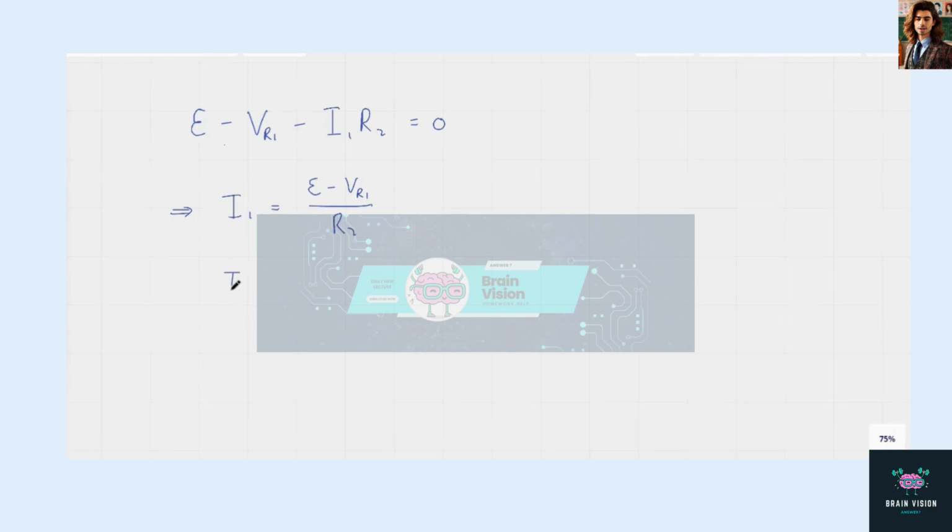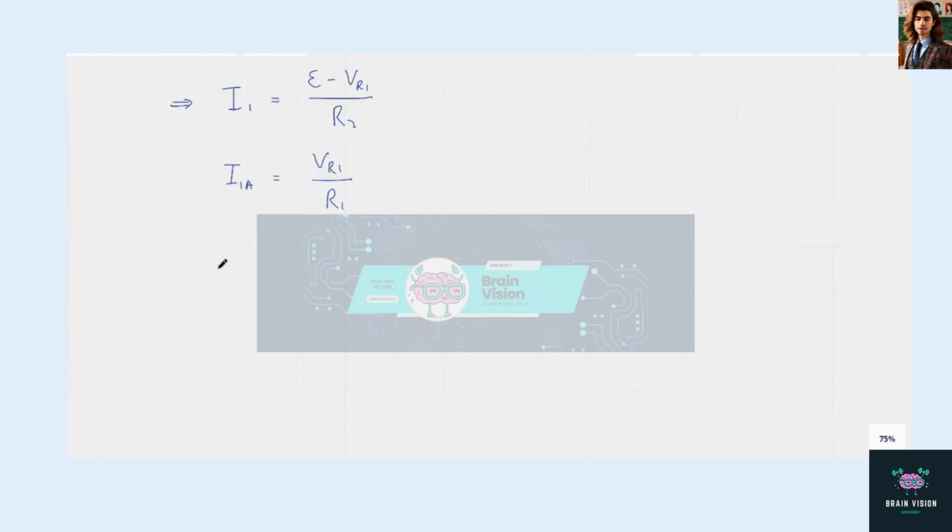Now the current I1A is equal to the voltage measured across R1, VR1, divided by the resistance R1. The current that flows through the voltmeter I1V is equal to the voltage across the voltmeter V1V over the internal resistance of the voltmeter RV.